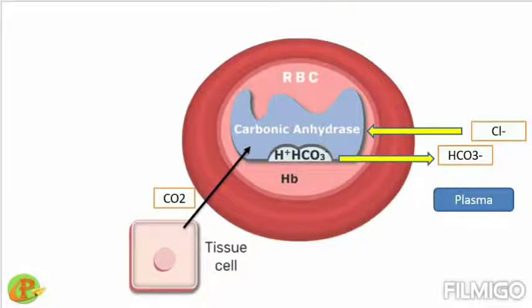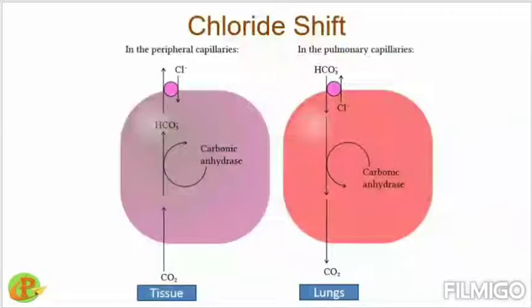So that is happening at the same time, but in opposite directions. This movement of chloride ion is called chloride shift. There are two circumstances. One is near the tissue, one is near the lungs.